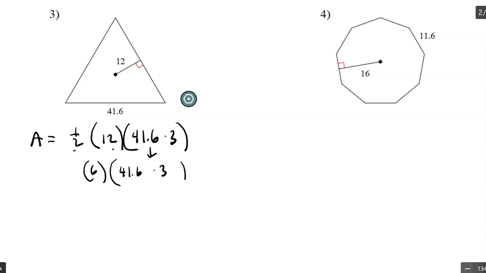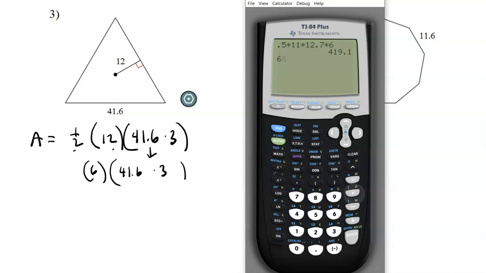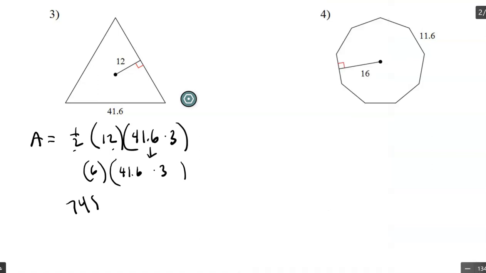I'm going to cheat and use a calculator here. So 6 times 41.6 times 3. Oop, something went wrong. 6 times 41.6 times 3, 748.8.